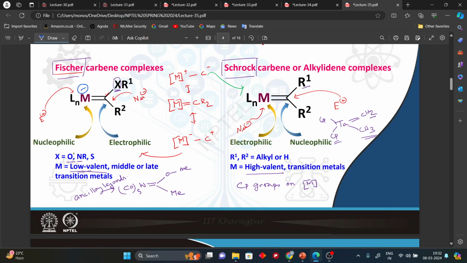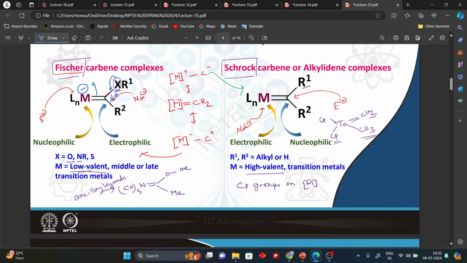For this kind of cases, these are electron donating atoms like oxygen, nitrogen, sulfur. These may be electron rich, so that can give stability, and here it is with more positive charge. For these cases, they are normal alkyl chains, alkyl chain units, or hydrogen.